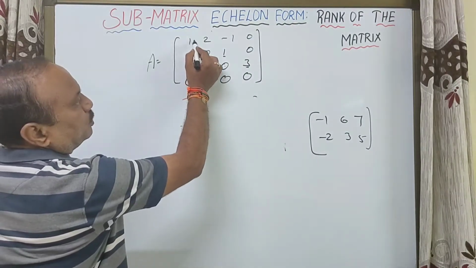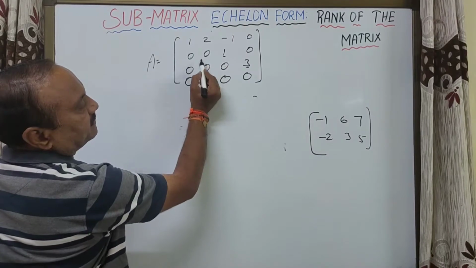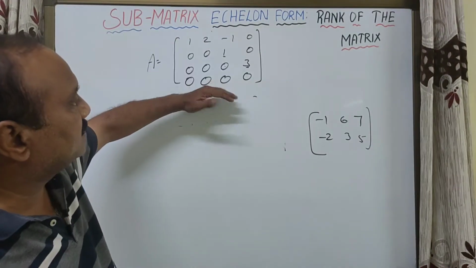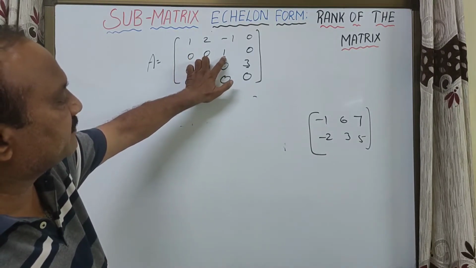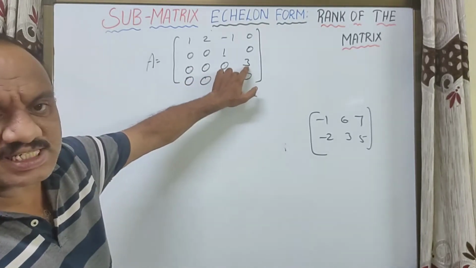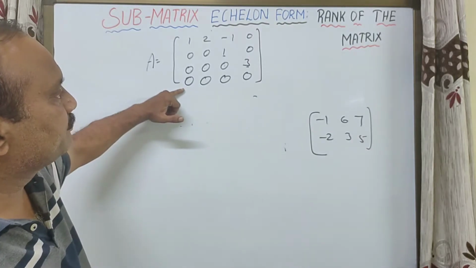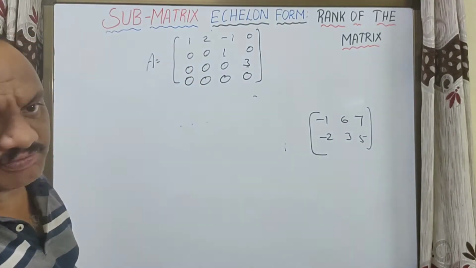See, from row to row, the number of zeros before the first significant figure is in increasing order. In second row, 2 zeros before the first significant figure. In third row, we have 3 zeros before the first significant figure. In fourth row, we have 4 zeros. So, this form is called normal form.